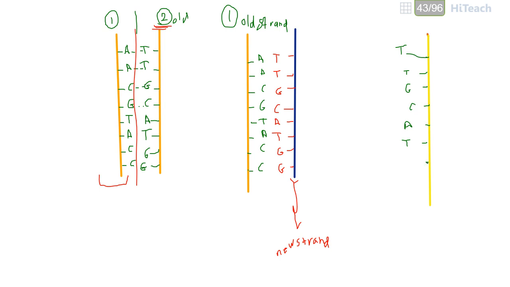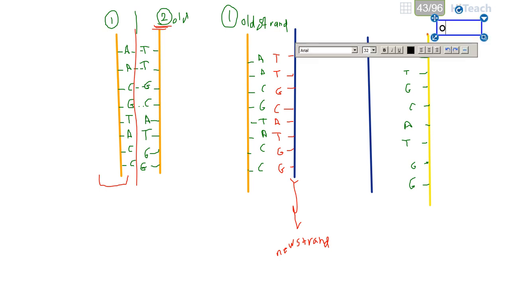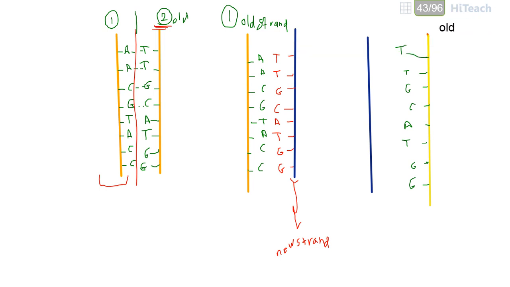G and G. The new strand is formed depending on the old one, because the old one is like a pattern of it. It should be like this. This is the new strand. This is the old here. I'm going to write here, this is the old. And here, this is the new with the blue one. So I have to write the complementary.